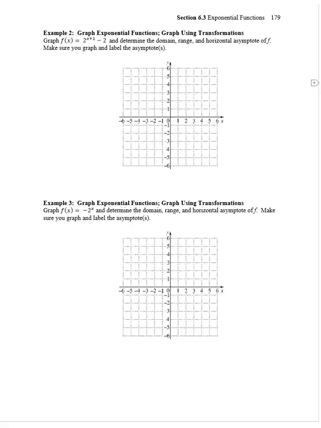So how do we graph these using transformations? Well, let's see. The -2 means we have a vertical shift down 2. The +1 in the exponent means we have a horizontal shift left 1.